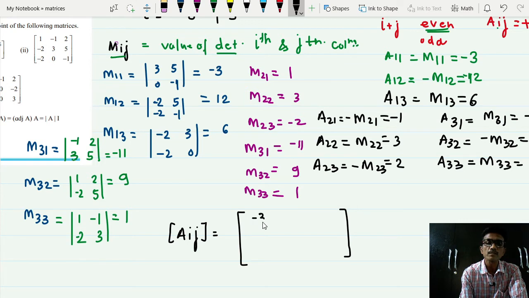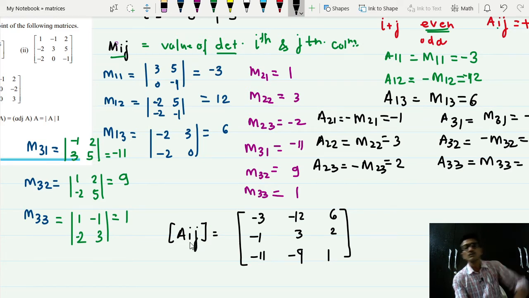A11 is -3, A12 is -12, A13 is 6, A21 is -1, A22 is 3 and A23 is 2, A31, what is our A31? -11, A32 is -9 and A33 is 1. So this is the matrix of cofactors.